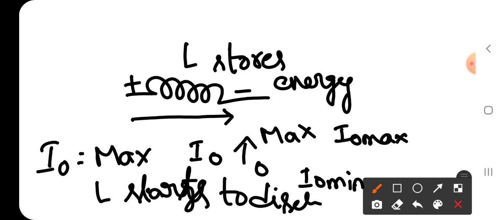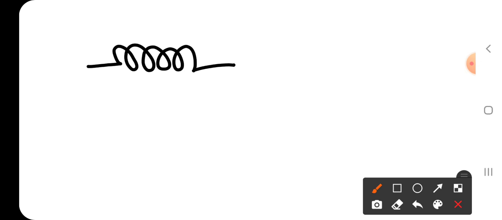While discharging energy, the inductor acts as the source. Therefore the terminals of the inductor are like this.